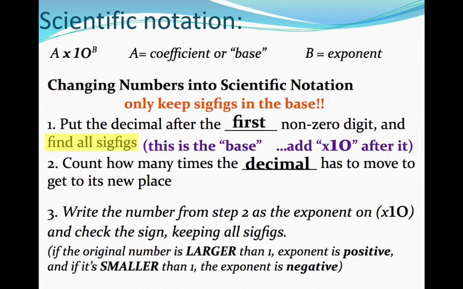I know there are some fun, interesting sayings or tricks on how to remember moving it left versus right for whether it's positive or negative, but I always found those confusing, because you're moving it left to go into scientific notation, but sometimes we ask you to turn things out of scientific notation into standard form, and then the rule is backwards. So my rule always works, and we're going to practice it both ways here in just a moment.